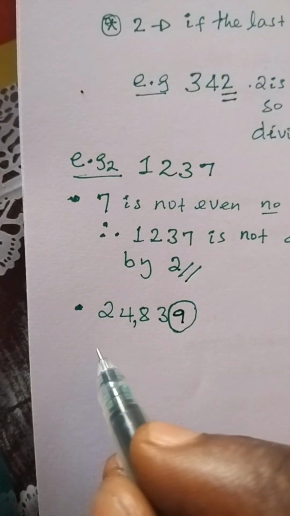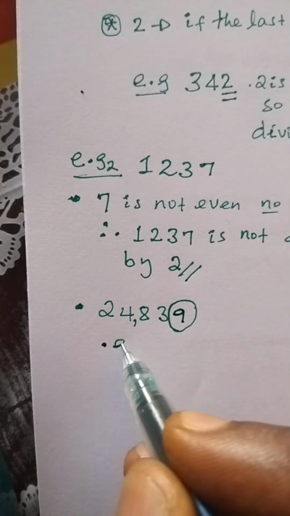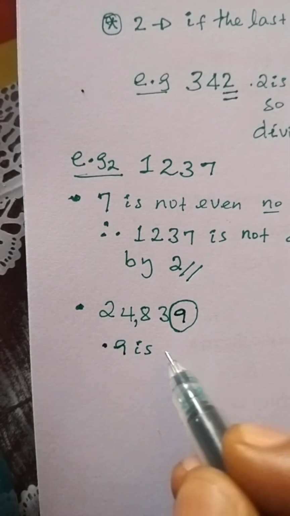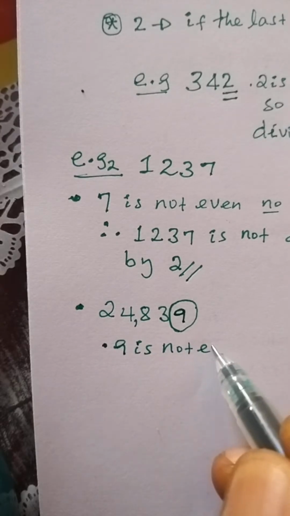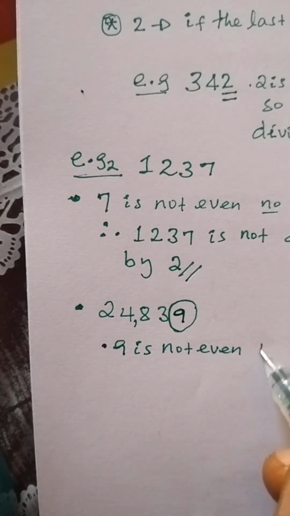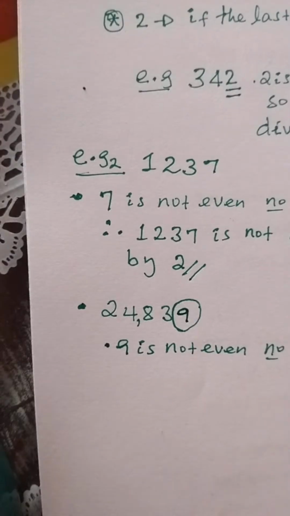Here 9 is not an even number, it is an odd number.